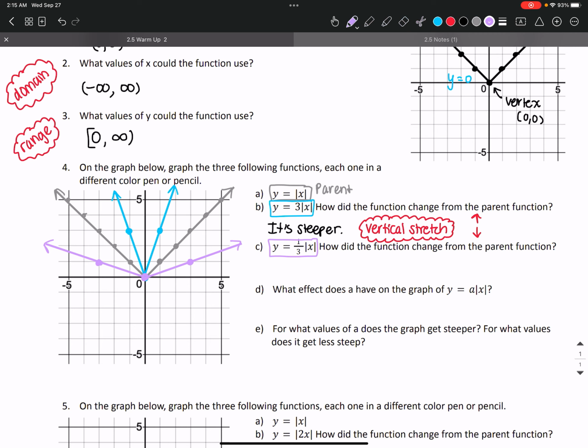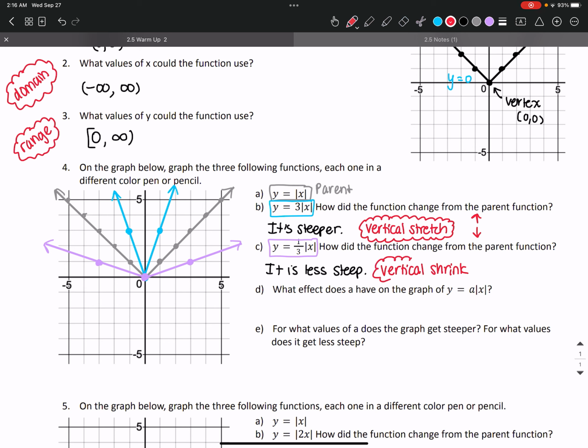All right, how did the function change from the original? So now I'm going from the gray to the purple, and what I'm seeing is that it's less steep. So the slope of this line is flatter than the slope of this line here. So I would say it is less steep. And what we say in math when we see that change, instead of a vertical stretch, we call it a vertical shrink.